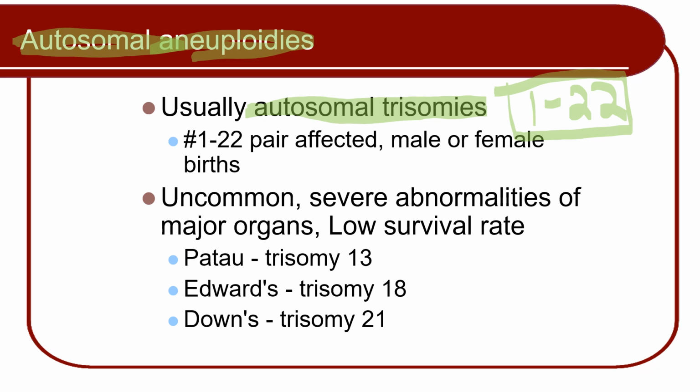And so most cases where this happens, it's not a survivable fertilization. And there are just a few cases that have been known to survive, although they're rare and the survival rate is low. And the three that we'll talk about are all trisomies because, again, there are no autosomal monosomies.